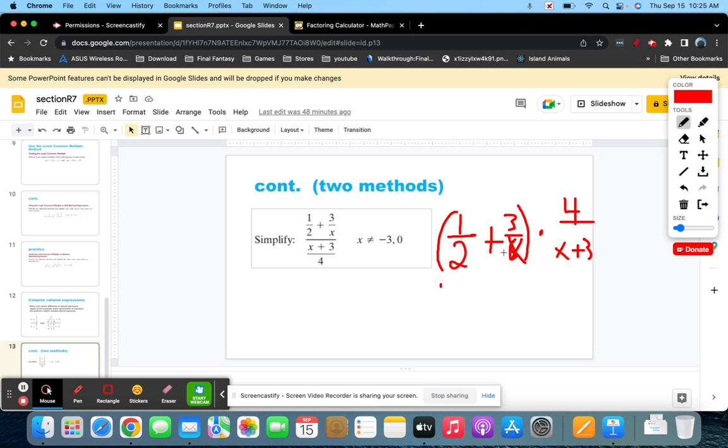So I'm going to need to find common denominators and combine these two before I multiply. So it looks like x over 2x plus 6 over 2x, which would be basically x plus 6 over 2x would be that parentheses. Okay, times 4 over x plus 3.